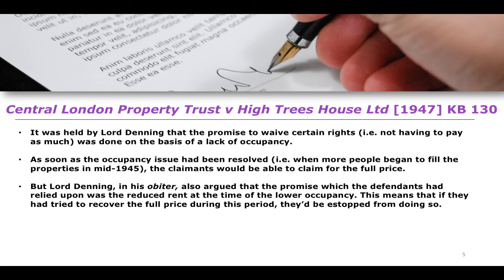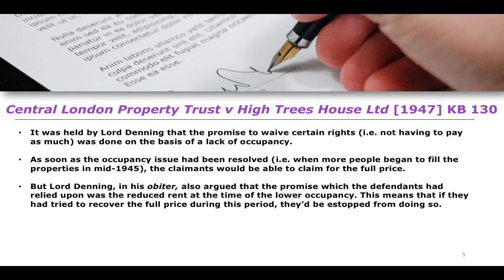But it was also suggested by Lord Denning in his obiter that the promise which the defendants had relied upon was the reduced rent at the time of the lower occupancy. And this means that if they tried to recover the full price during this period, they'd be stopped from doing so.